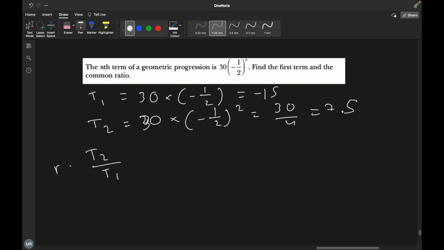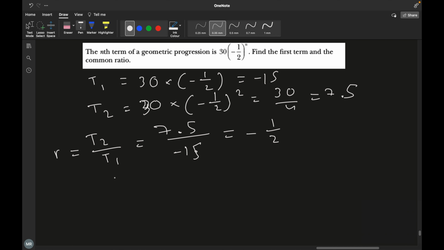So that's the ratio, and this is going to be 7.5 divided by -15. That's -1/2. And the common ratio is therefore -1/2. And if you want to find the first term, we already found it, so it's minus 15. Therefore, a is minus 15 and r is a negative half.